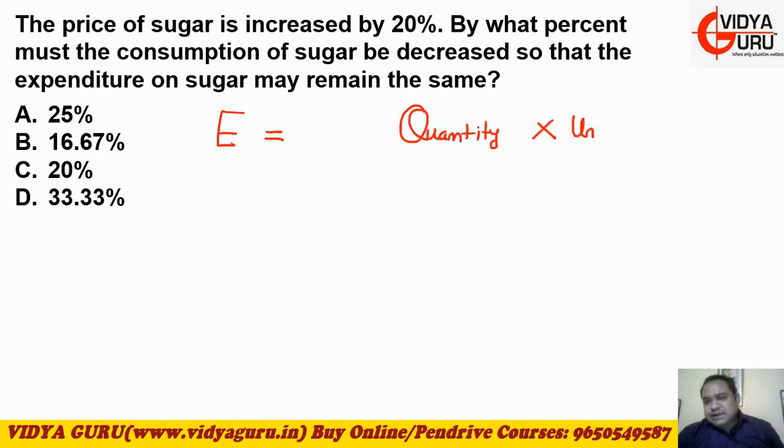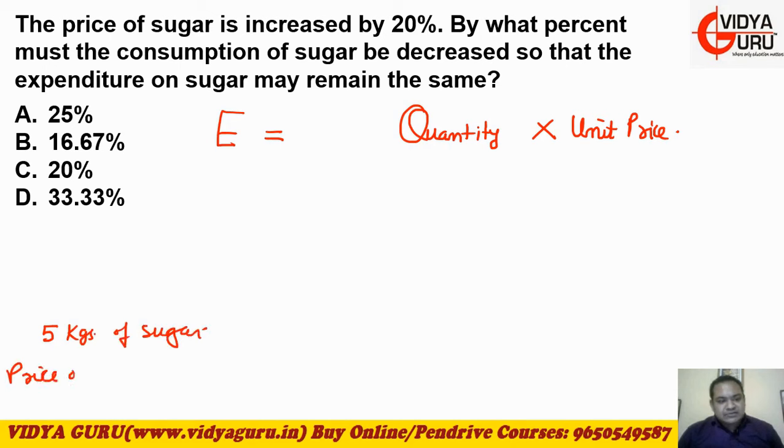For example, if you are buying 5 kgs of sugar and the price of 1 kg is, let's say, rupees 18, then my expenditure is equal to 18 into 5 or 5 into 18. So quantity multiplied by unit price.